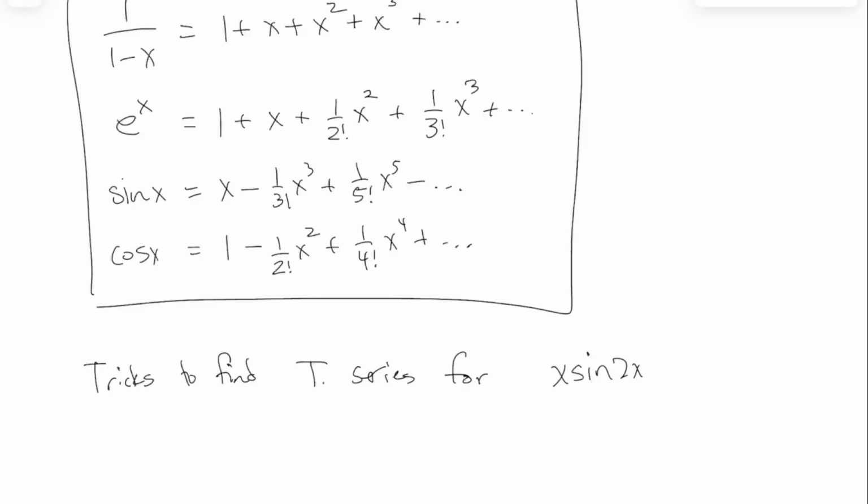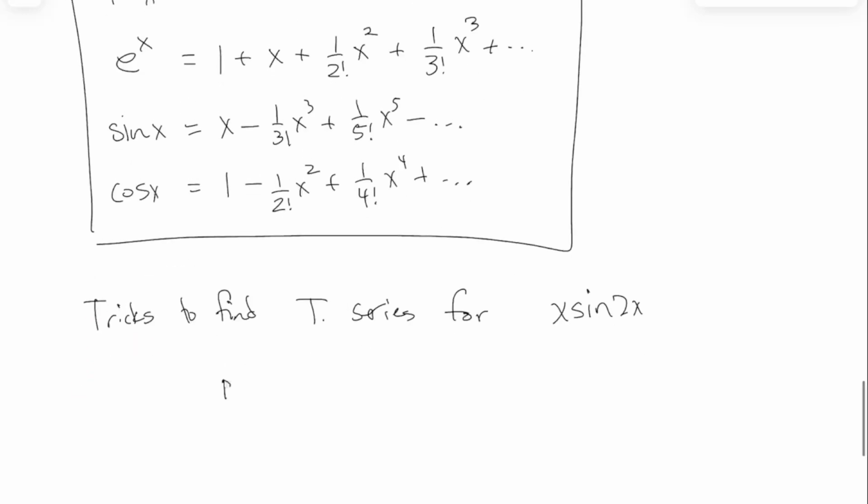Instead, we can use simple tricks. And my trick will be to plug in 2x for the series of sine x. So that's the first trick to deal with sine of 2x. You can just use this series here, which you have memorized, and just replace all the x's with 2x. And then to get, instead of just sine 2x, x times sine of 2x, you just take one extra factor of x and distribute it across the series.